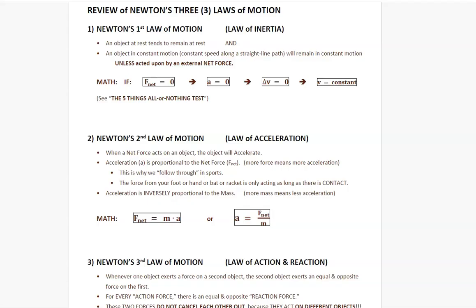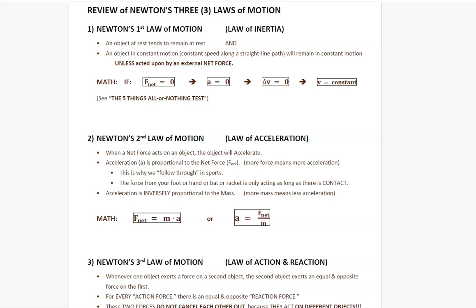And contrary-wise, if there's no net force on the object, in other words, if net force is zero, if the sum of all the forces on the object adds up to zero, or there are no forces on the object, then there is no acceleration either. Acceleration is zero. If acceleration is zero, that means there's no change in velocity.